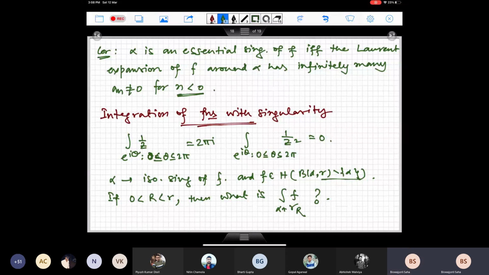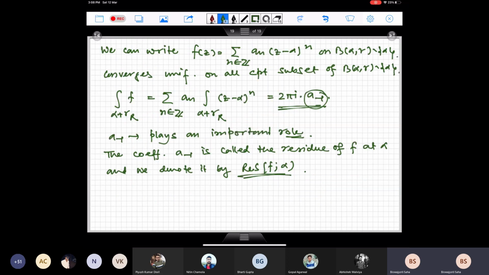Is it clear that in this integration theory, the integral is going to give you the coefficient a minus 1? Therefore, if you take any function whose a minus 1 is equal to 0, and you integrate along a path where, inside, except for alpha, all other points are holomorphic, all you are going to get is a minus 1 up to an integral multiple of 2 pi i.